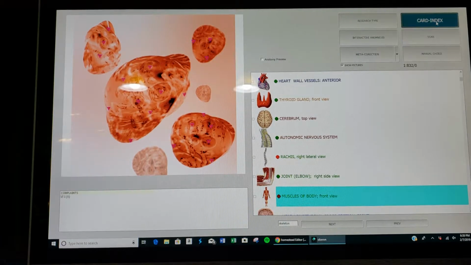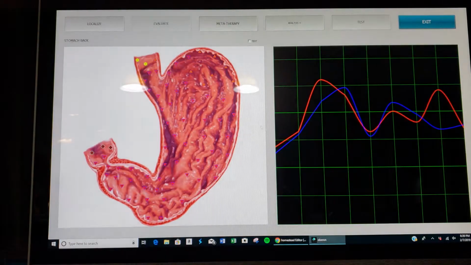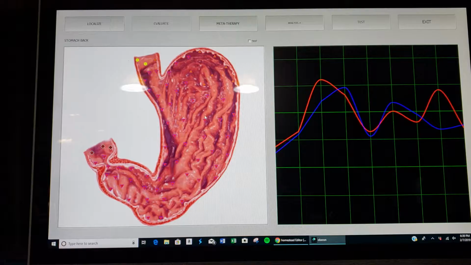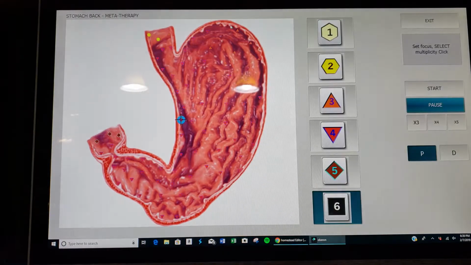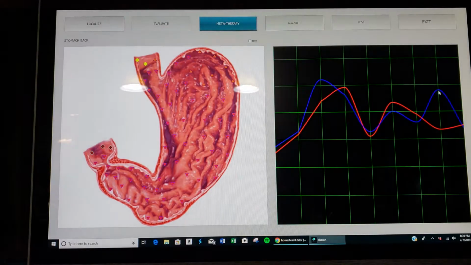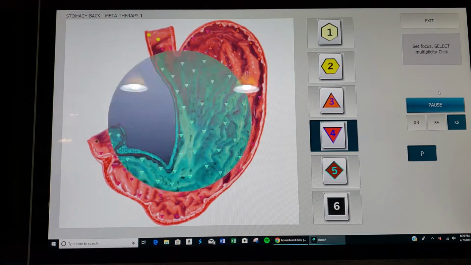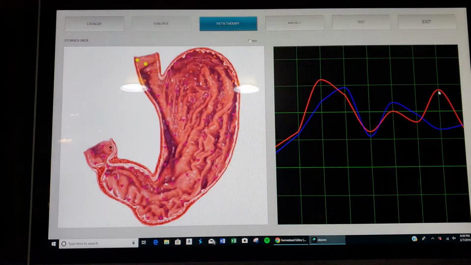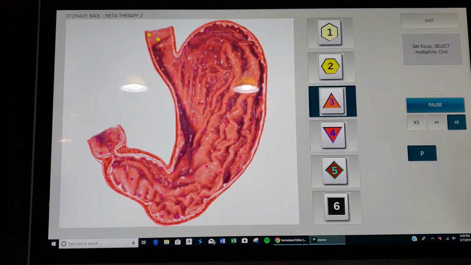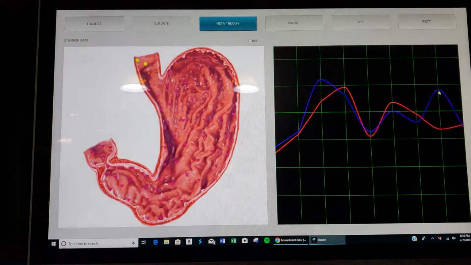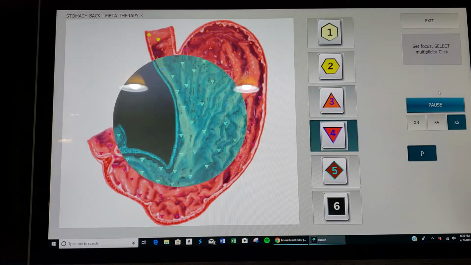Also, you can strengthen the stomach itself by giving what we call metatherapy. The device will strengthen that tissue by sending strengthening frequencies to normalize the tissue in the body wherever you find problems.